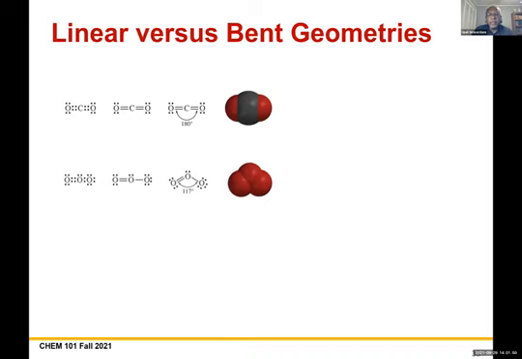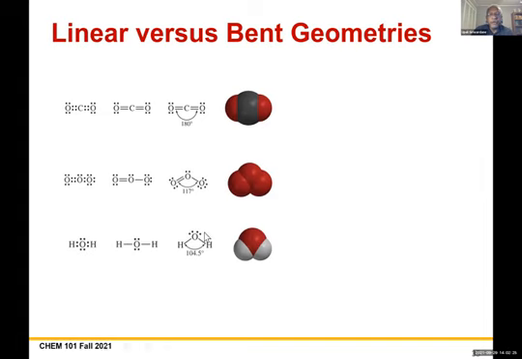In ozone also, we talked about ozone. If you look at one of the Lewis structures, that double bond is the same as a single bond. There are three electron pairs around here: a lone pair, another double bond, and a single bond, which is almost the same. So three electron pairs give the ozone structure a bent shape, just like water.